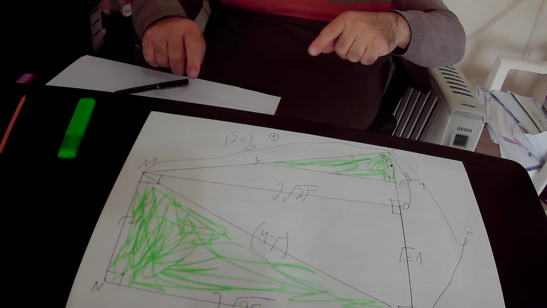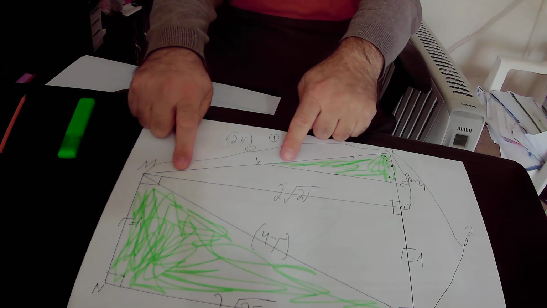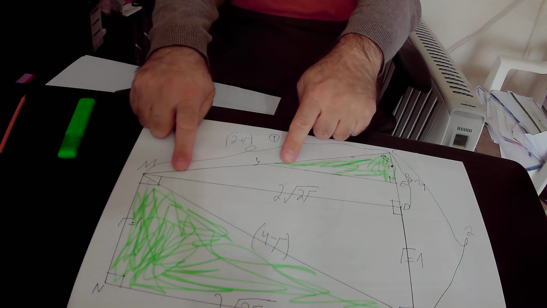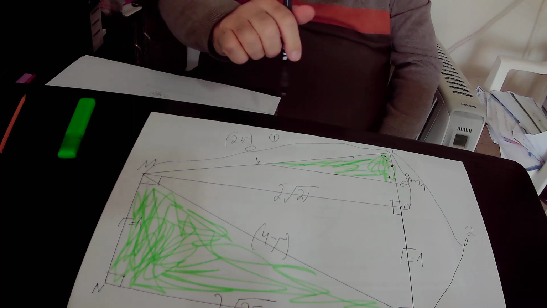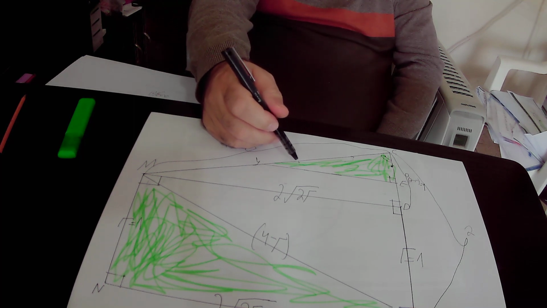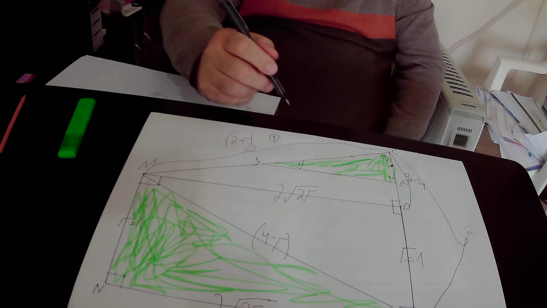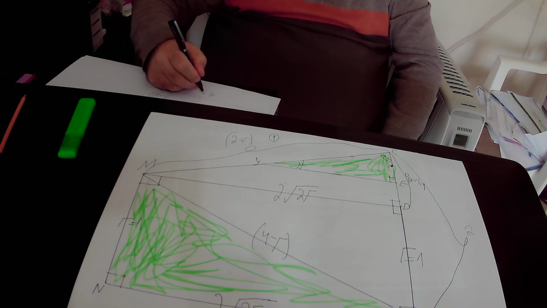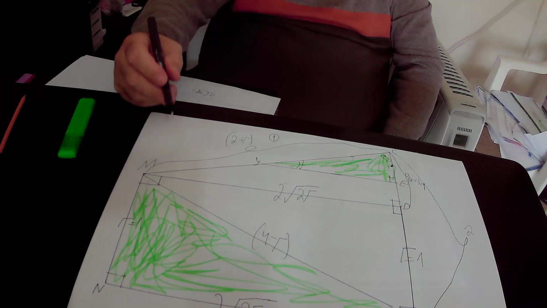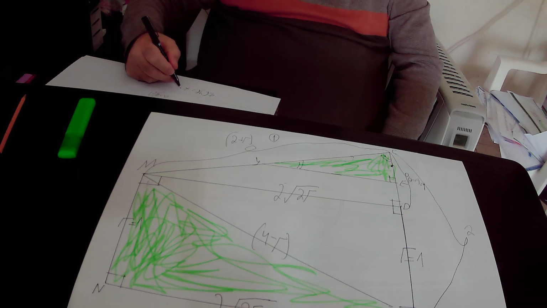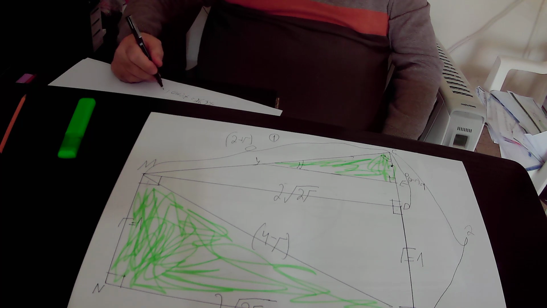And those two angles are also equal to each other according to the third angle theorem. So we can write down that this angle CEY of triangle CYE equals angle CMD of triangle CDM, and they are equal to each other according to the third angle theorem.